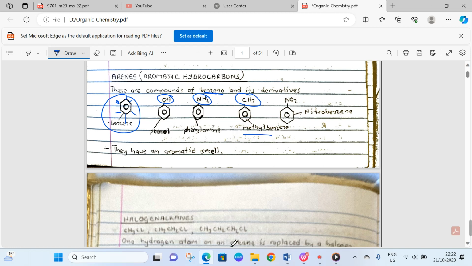Or you can remove the hydrogen atom and put in a nitro group of atoms, NO2, right? So that it becomes nitrobenzene. All these compounds have what is called an aromatic smell. Okay, let's move down.